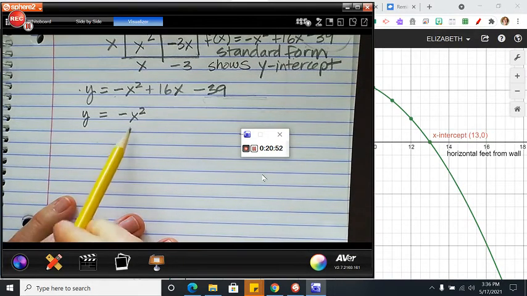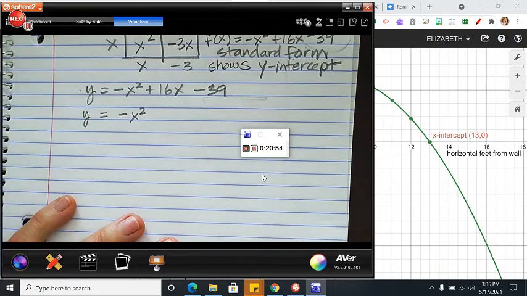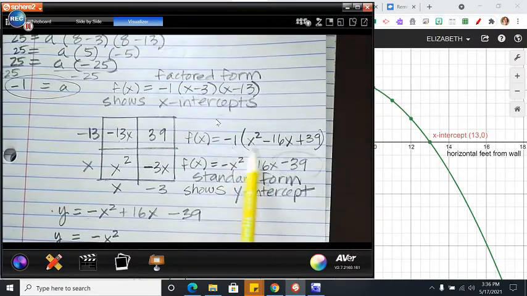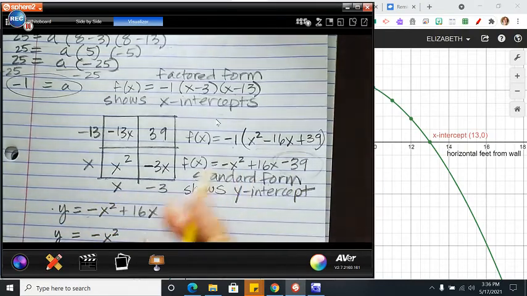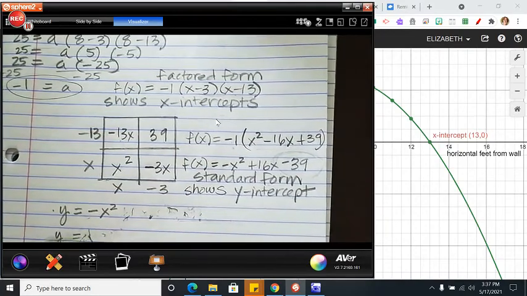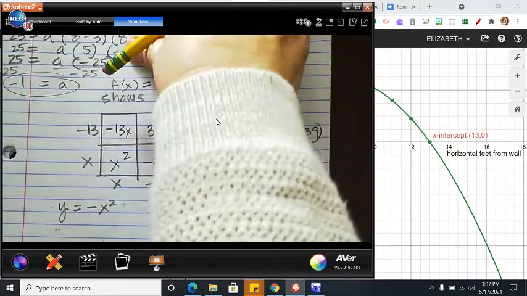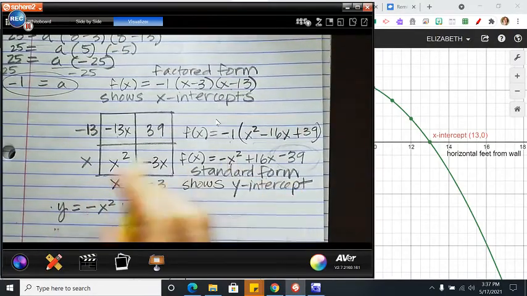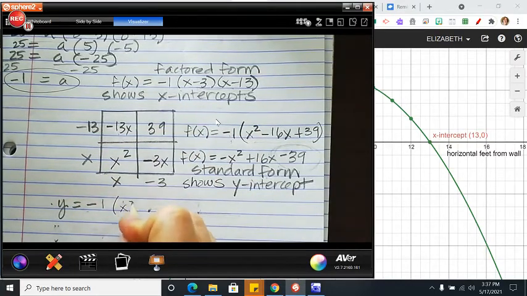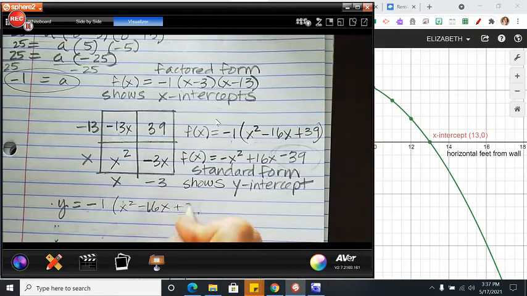Okay, I'm going to try and make this as simple as possible. So I'm actually going to start with this form right here. Let's start with that. So that was negative x squared. Let's do that. That'll just be a little less confusing with that negative there. So let's do this. So negative 1 x squared minus 16x plus 39.